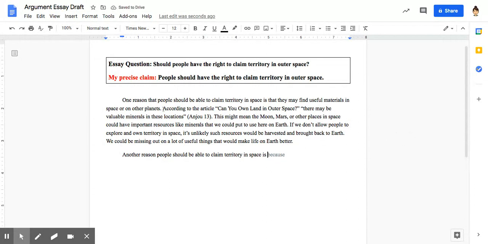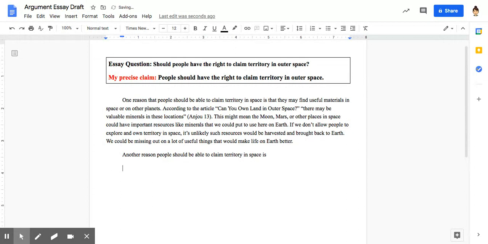Same sort of process. I would add my evidence, making sure that I have a citation, add my paraphrase, and then finish with my analysis. Why is it important? If I look at my paragraphs right here, you can see that it's a nice solid paragraph, and that's what we want for your essay.